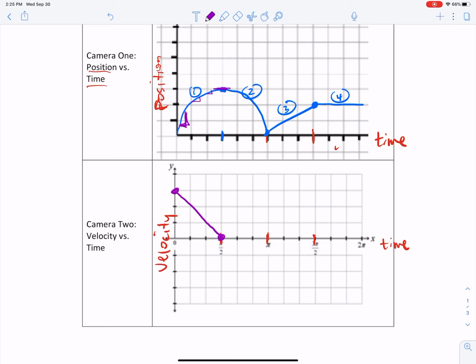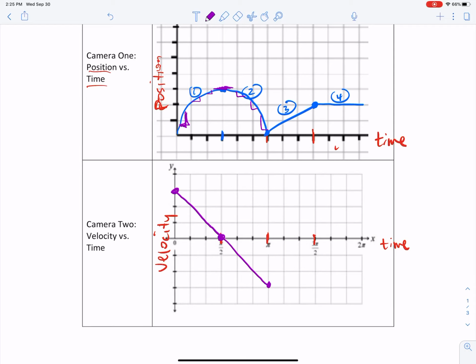Okay, then if I continue graphing the slopes, now my slope is going to go from 0 here to a small negative number, a larger negative number, a very large negative number, because I have a very large negative slope there. So it's basically just going to go straight through like that.